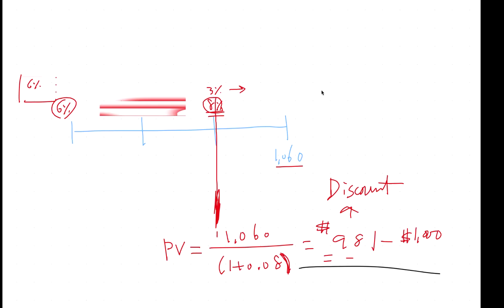Okay, negative 19. This is a capital loss. You understand this? He bought it at 1,000, but he has to sell at 981 because in the meantime market interest went up. So this bond became a discount bond, not popular. Capital loss, $19.